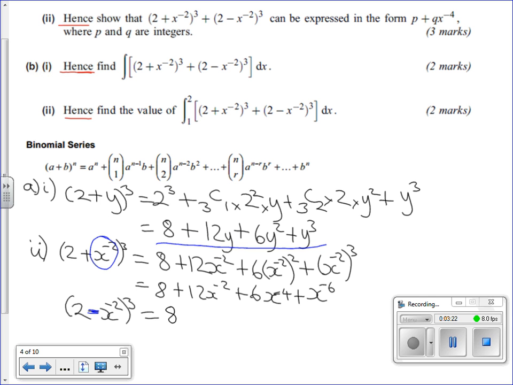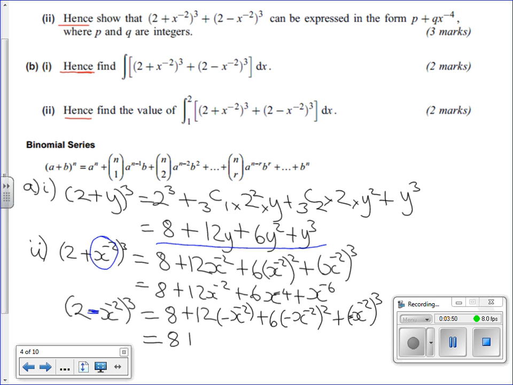So if we replaced using our answer to part 1, we would now have 12 times negative x to the minus 2 plus 6 times negative x to the minus 2 squared plus negative x to the minus 2 cubed. You could simplify that, or you could leave it unsimplified to see what's the same.